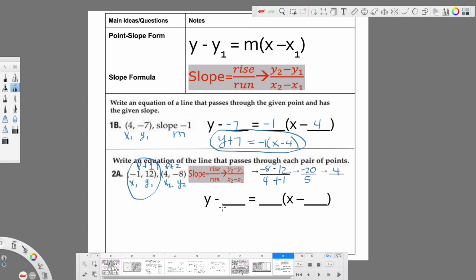So y1 is 12. M we just found is 4. And x1 is -1. So the only thing we need to clean up here is make sure we don't put minus negative. We want to turn that into a plus sign. And there we go. We wrote an equation of that line. So that one wasn't too terribly bad there, right? All right, so that is section 3, and I will see you in section 4.